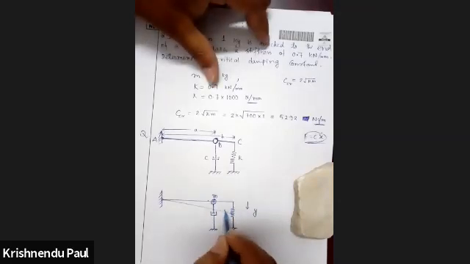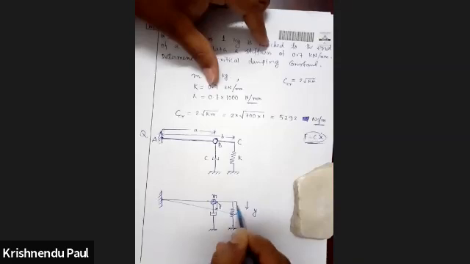Now let us assume that the CG point of this line has shifted in the downward direction. So the displacement of this portion is equal to y, and this is equal to y1. Right?